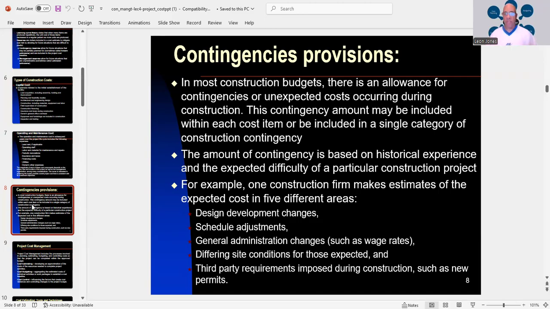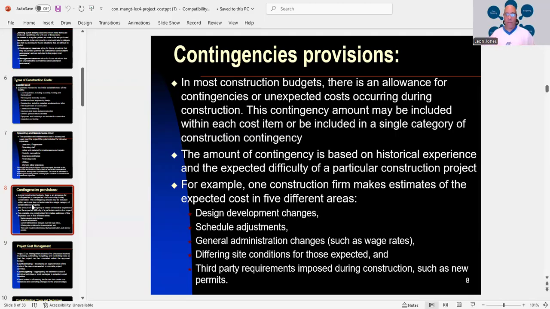Now, the amount of contingency is based on historical experience and the expected difficulty of a particular construction project. For example, one construction firm makes estimates of the expected cost in 5 different areas. And the areas are design development changes, schedule adjustments, general administration changes such as wage rates. And some jobs have unions, which on those jobs they have prevailing wage.